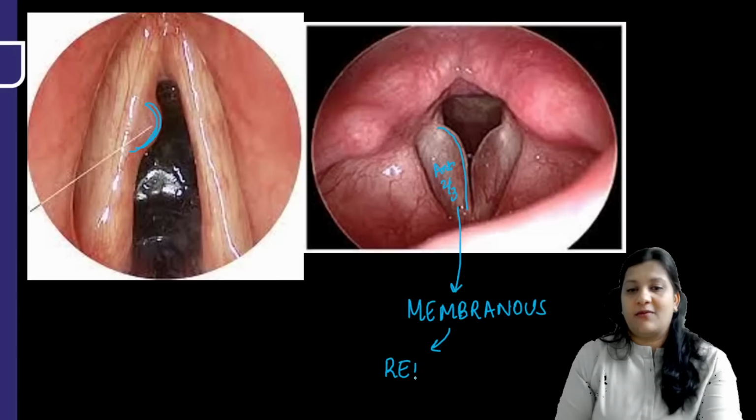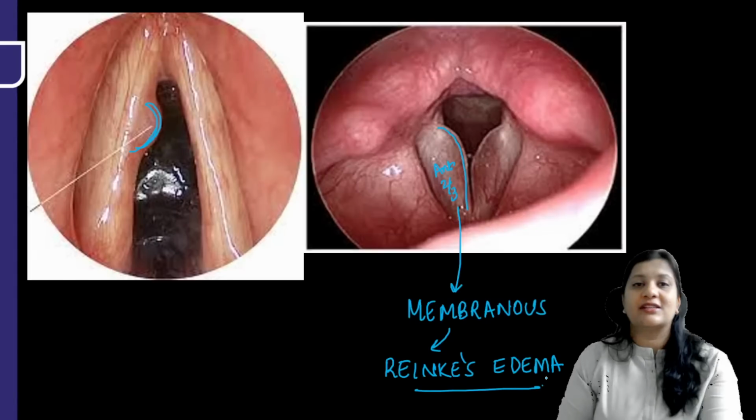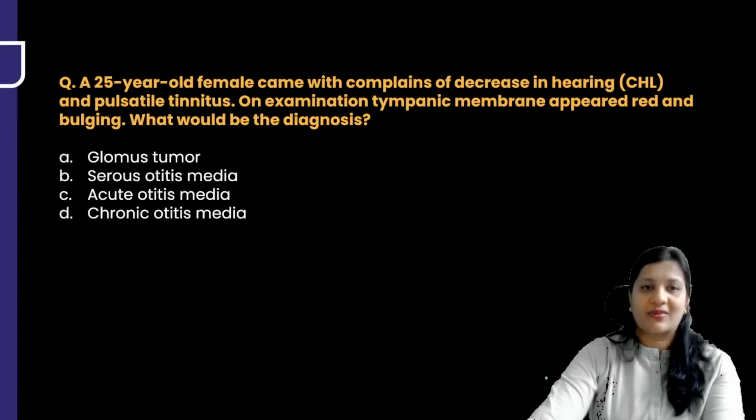We have a question on Rinke's edema, so I'll be discussing the rest of the topic there. But meanwhile, you should be able to differentiate the images of a nodule versus polyp versus cyst versus Rinke's edema.